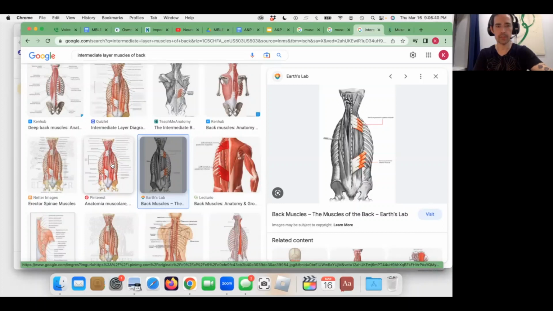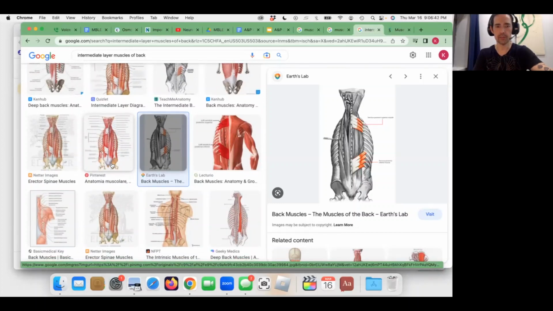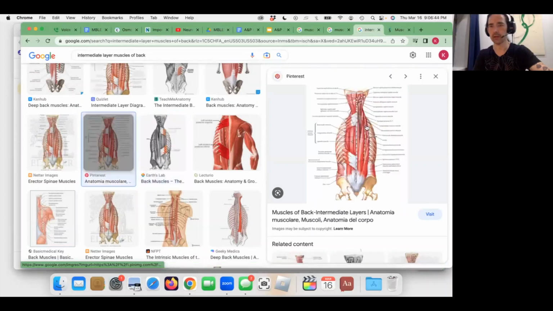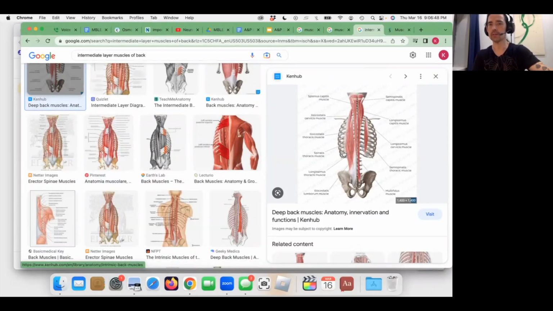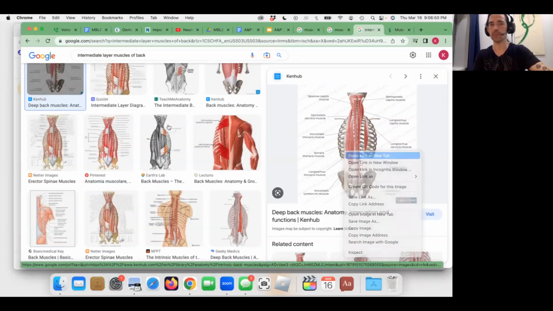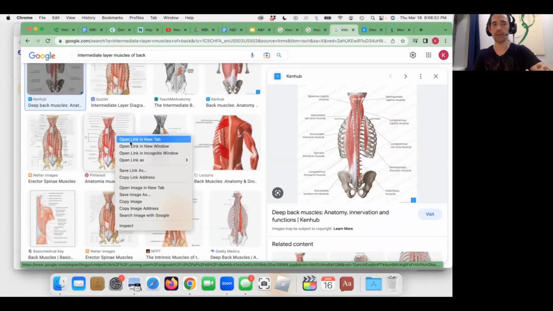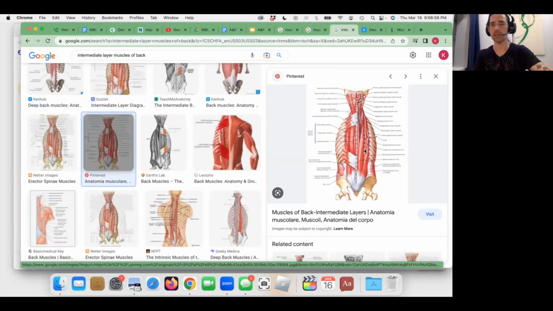Sometimes they show these muscles with the shallow layer on one side and the deep layer on the other side. This is a little bit more simplified. KenHub is a pretty good site.